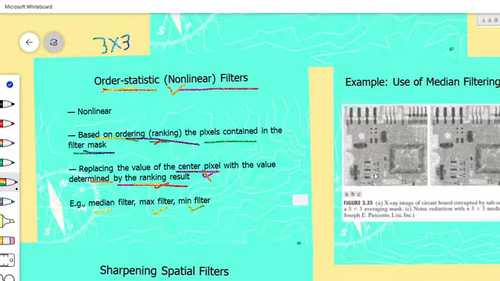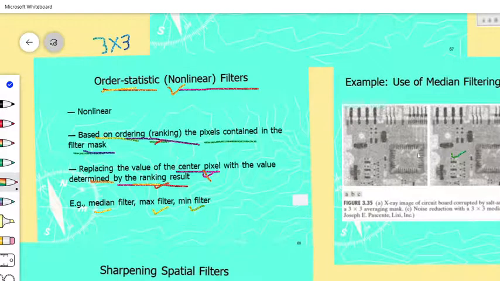And see, these are the examples. Actually, this is the X-ray of a circuit board, and this X-ray of the circuit board is corrupted with salt and pepper noise. This noise is reduced by an averaging mask, and this is the resultant one when we apply a 3 by 3 averaging mask.